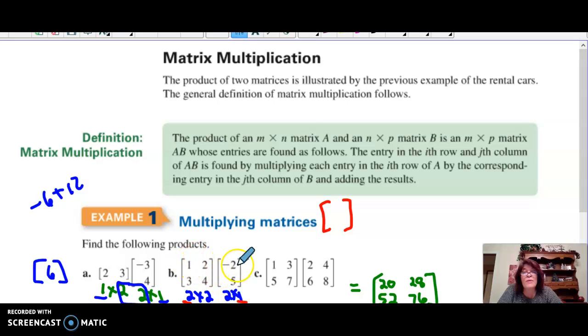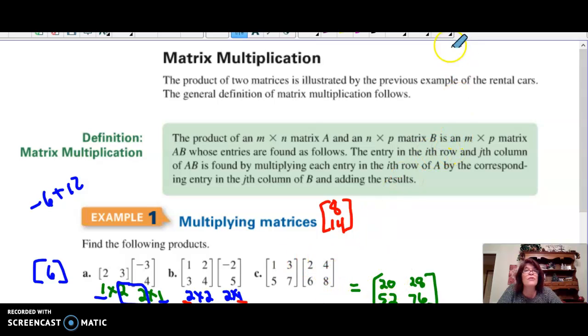So that's 1 times 2, negative 2 plus 5 times 2, 10. Negative 2 plus 10 is 8. And then this row by this column, we have negative 6. 3 times negative 2 is negative 6, plus 4 times 5 is 20. Negative 6 plus 20 is 14. There's the 2 by 1 for that one.